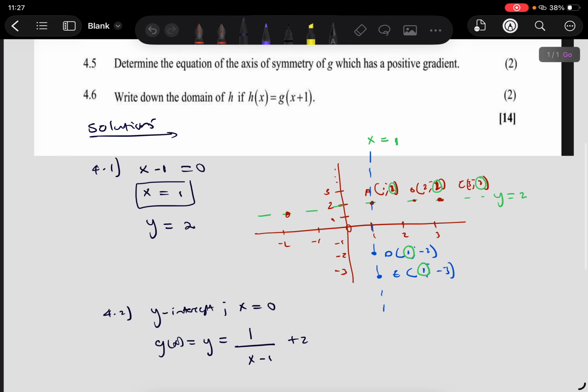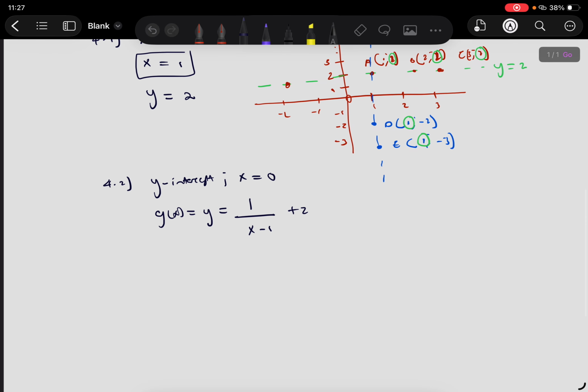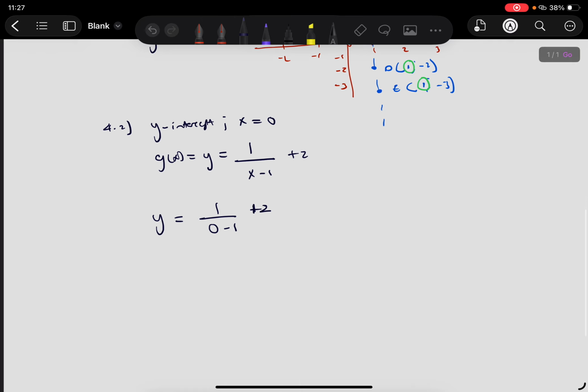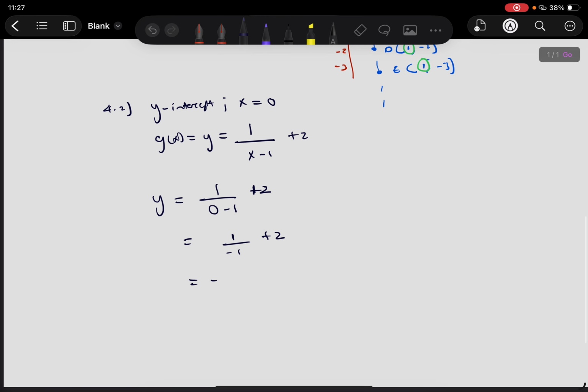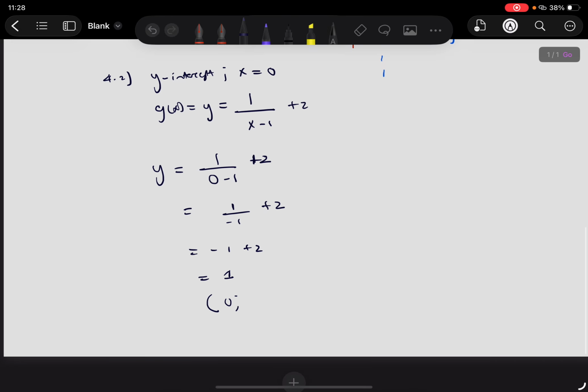Just make sure it is correct. Now for the y-intercept, we make x equal to 0. So you'll have y is equal to 1 over 0 minus 1, plus 2. This means we have 1 over negative 1 plus 2. A positive divided by a negative is just negative. So you'll have negative 1 plus 2, which is then 1. Meaning we have the coordinates (0, 1) because we made x 0.